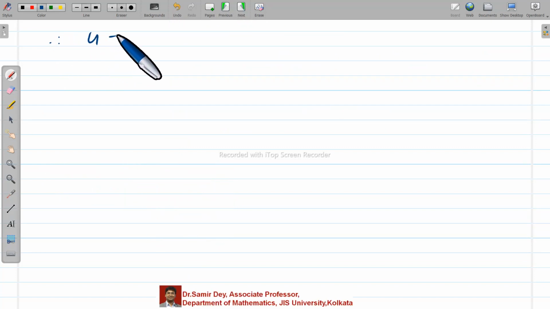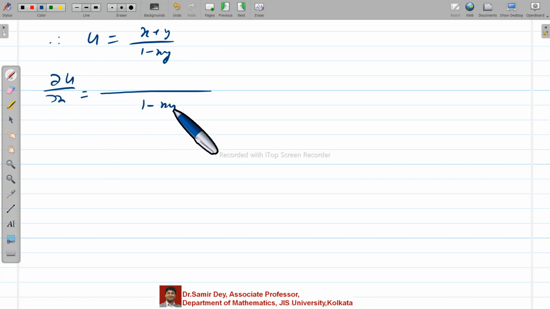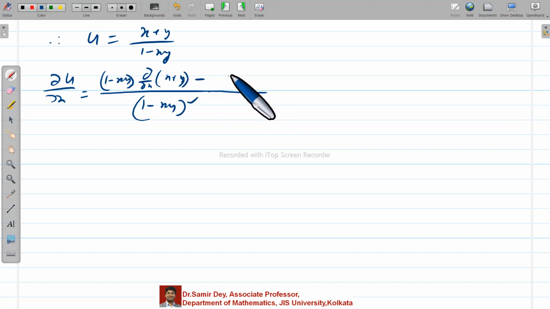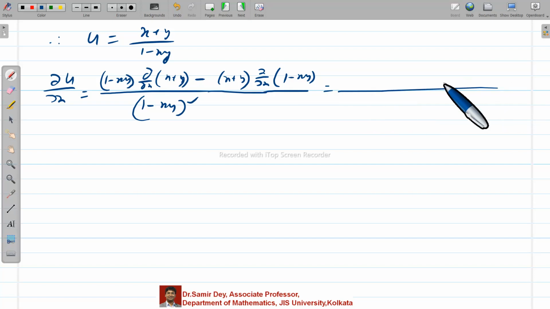Therefore what is u? u is equal to x plus y by 1 minus xy. So we need to calculate del u del x. That is 1 minus xy whole square, into derivative: del x of x plus y, minus x plus y del x of 1 minus xy. So ultimately it is coming 1 minus xy whole square.